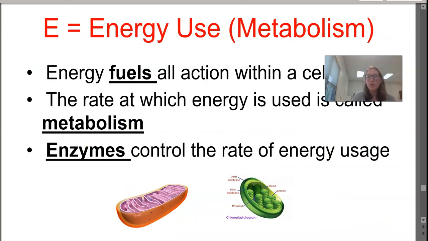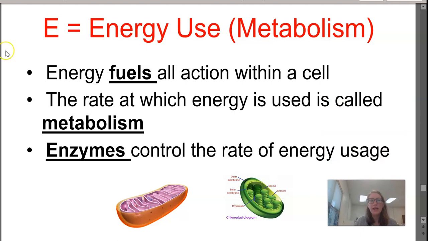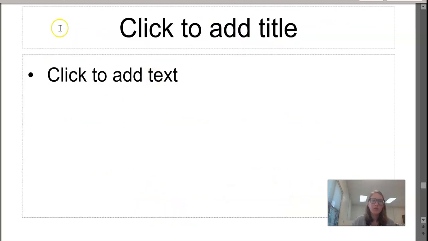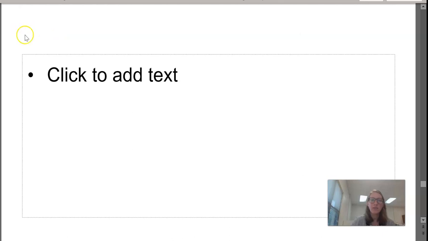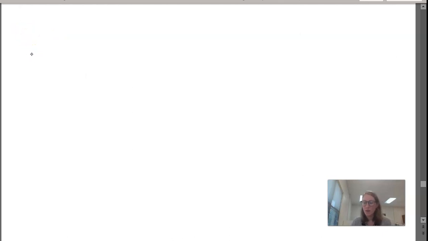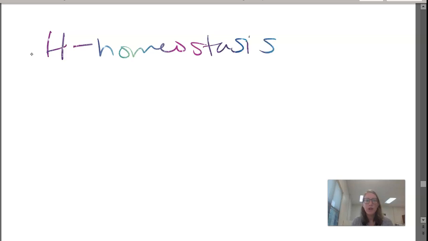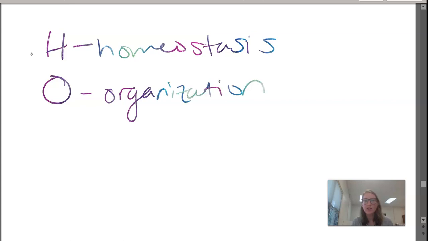All right, so now we're moving on to E, energy use. So we did H, homeostasis. Let me just review really quickly. So far we have done H for homeostasis. We've done O. All organisms have to have organization or levels of organization.